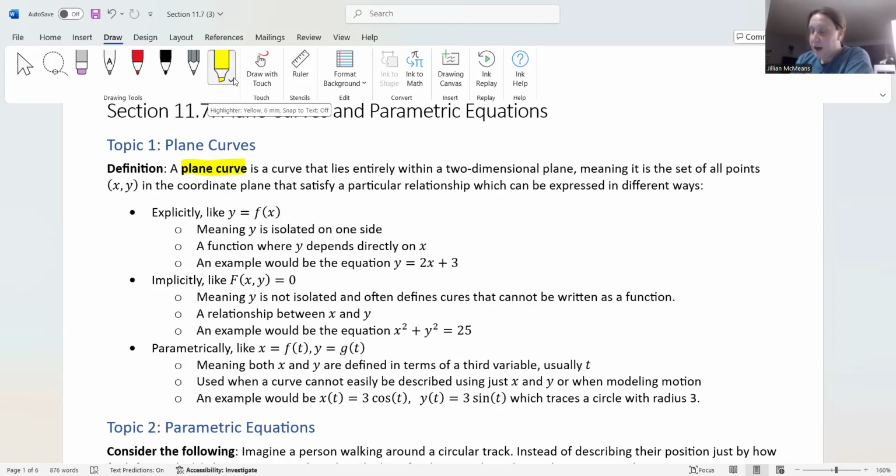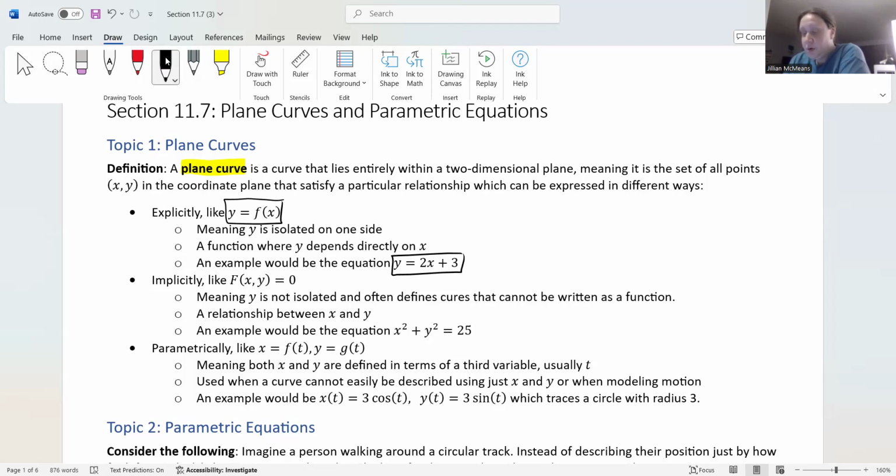We could have something like y equals f of x. You've isolated y on one side of the equation, so you have a function where y depends directly on x. An example would be y equals 2x plus 3, or y equals x squared minus 5x plus 2. Those are equations in explicit form.